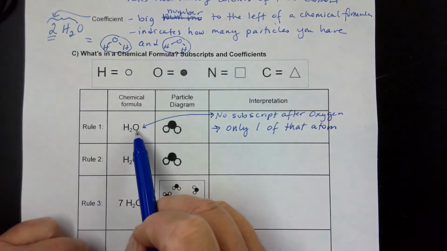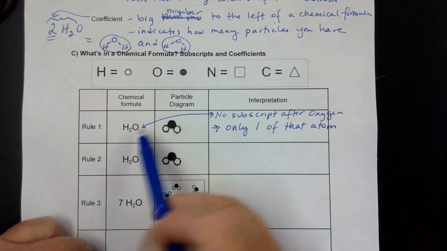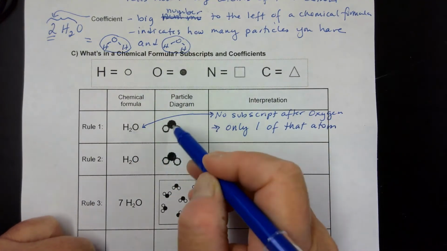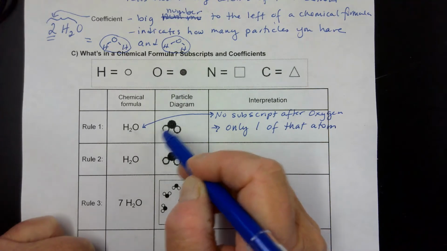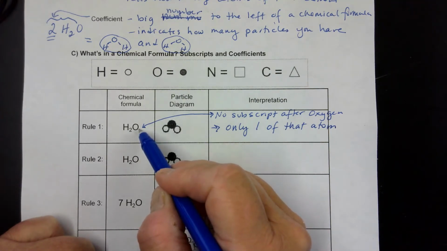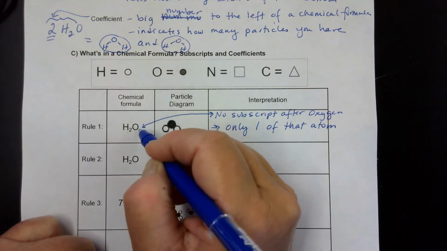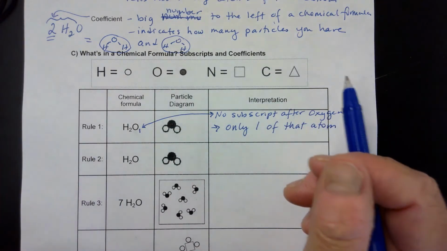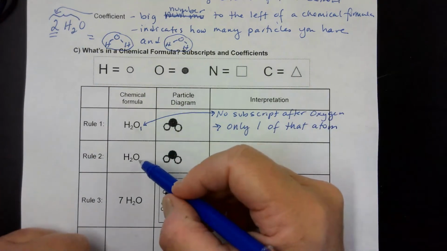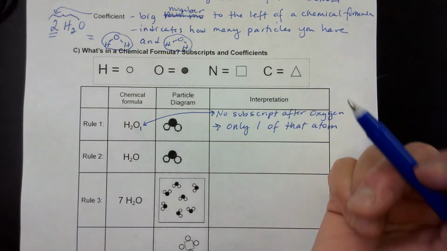Right? And so what this is implying is that there's only one oxygen. You can see it here in the particle diagram. This right here is the oxygen. There is only one of them. And so ones are understood. You can put a 1 there, but it's unnecessary, and the absence of that 1 is going to imply that you have only one of those.